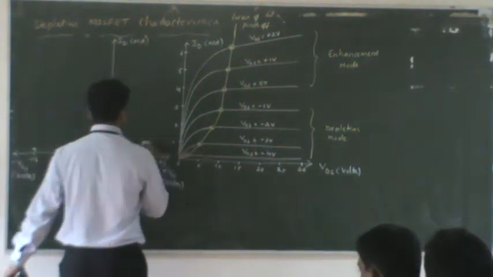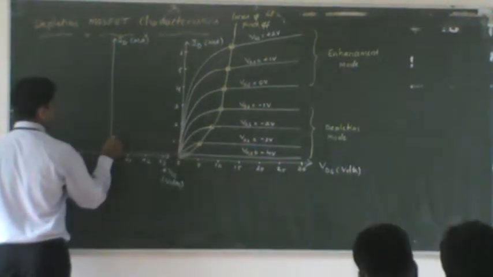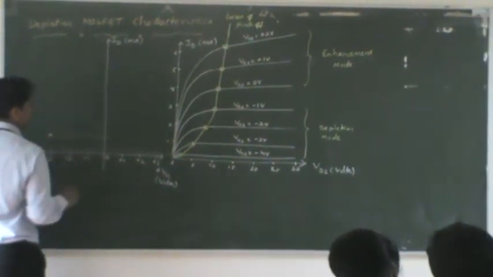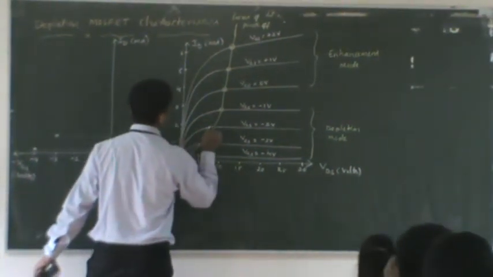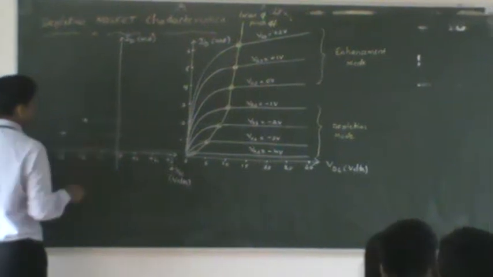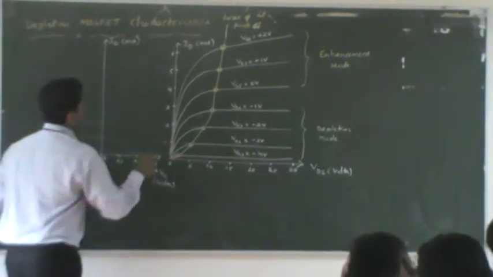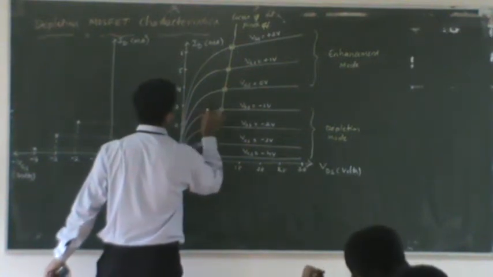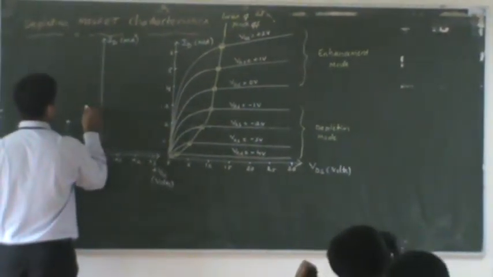Similarly, you can draw the intersection points for minus 3, this for minus 2, for minus 1.